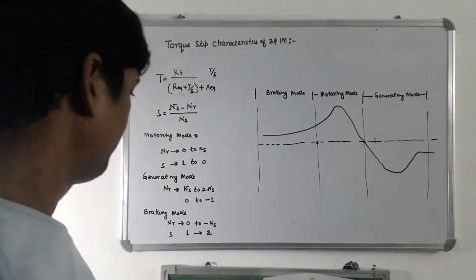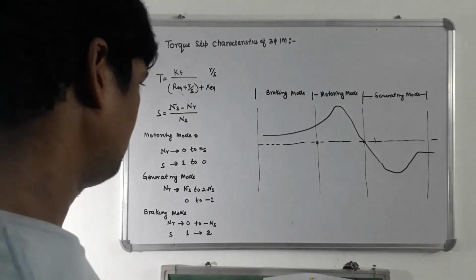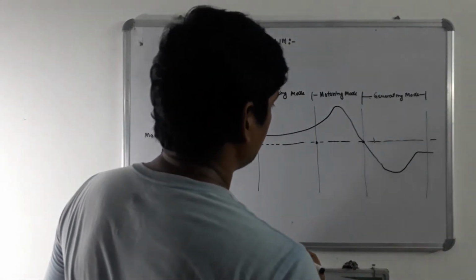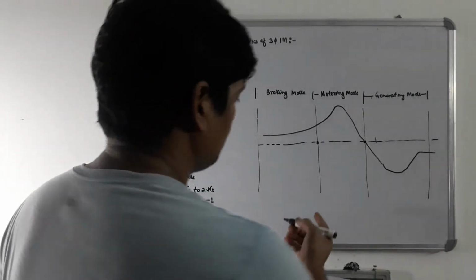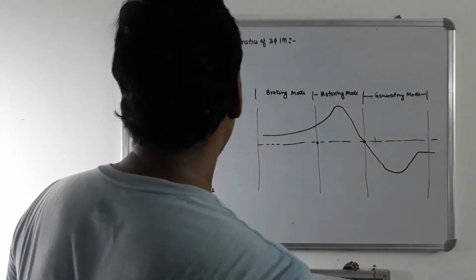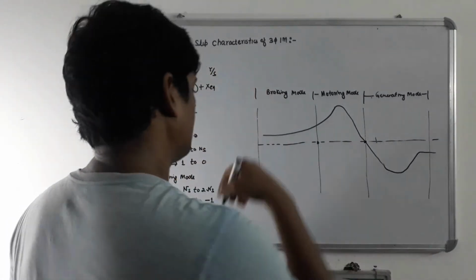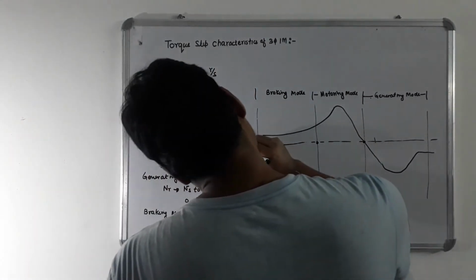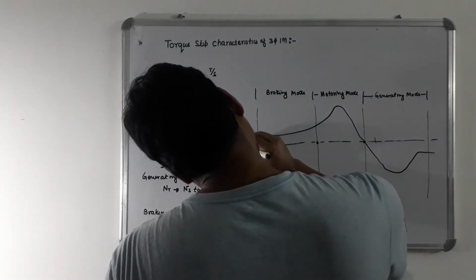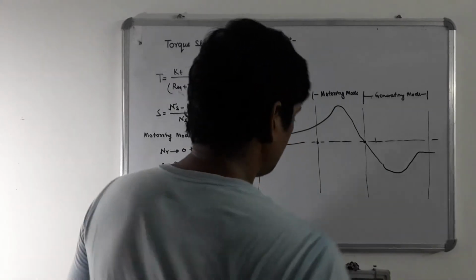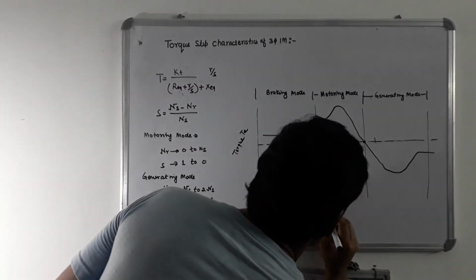Speed is represented through this axis, and torque is represented through the y-axis. This will be the torque T, and this will be the speed Nr.